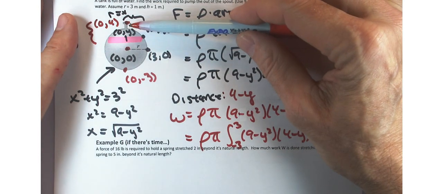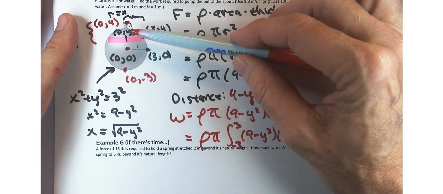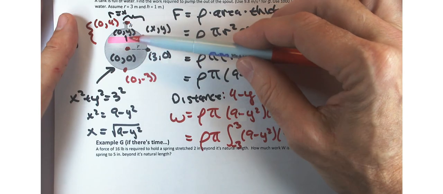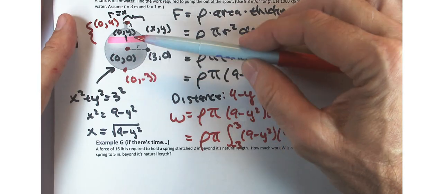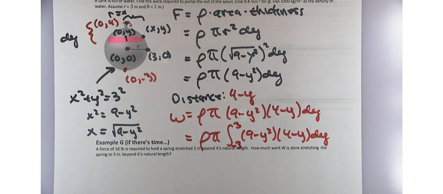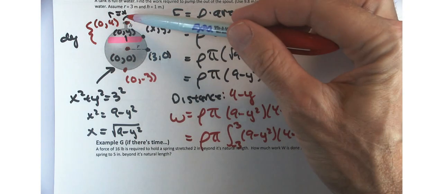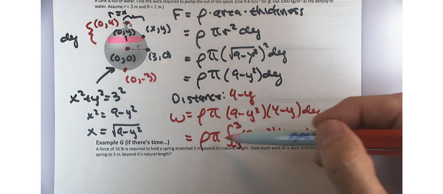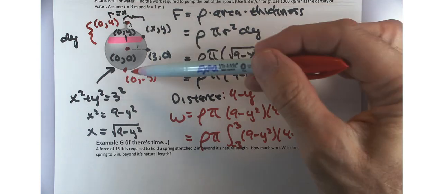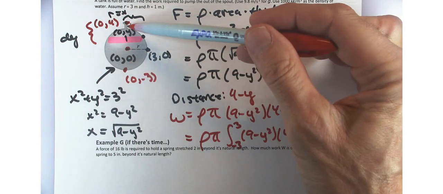So the tallest that you can get and still have a slice in this tank would be 3. So the limits are determined not by the height. The height here determines where you're pumping it out. That determines the distance that you move, but it doesn't determine the limits of integration. Your limits are going to come from the tank itself.